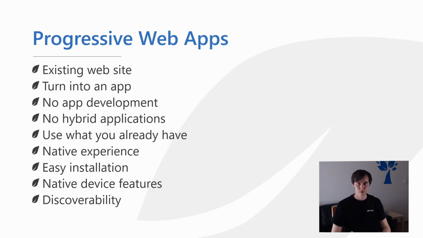And another thing that you gain by using this is discoverability, as you can create an actual application and distribute it through the stores. So you don't only need to send your users to the website and have them install it from the browser, but they can find your project in the App Store or Google Play Store and download it directly from there.